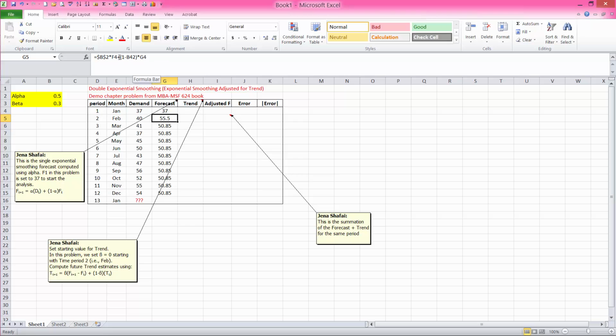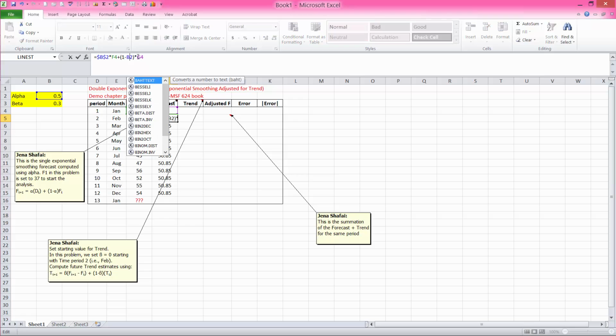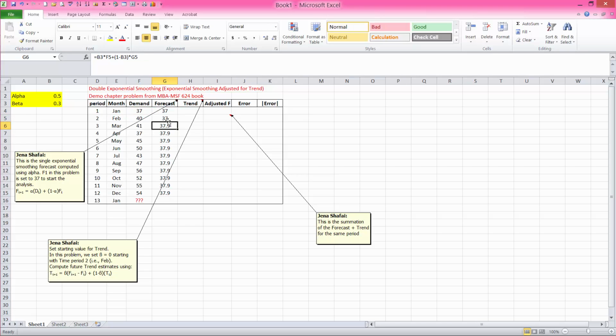So now I have a fixed cell reference for this 0.5, and I can copy this down, and these are the values that Excel computes for me.